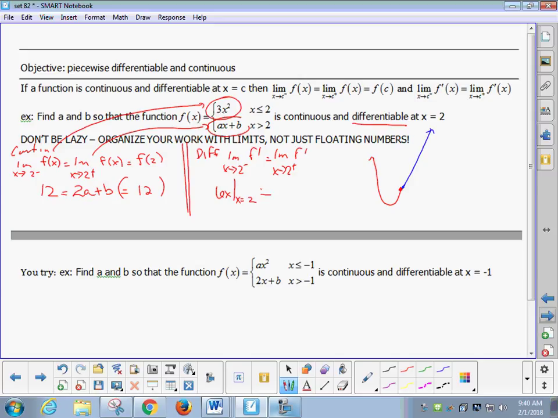That needs to equal the derivative of the right-hand branch at 2. What is it? A. Well, that right there tells you that A is 12. If A is 12, then B has to be negative 12. Okay? Try one on your own, please, using appropriate work.